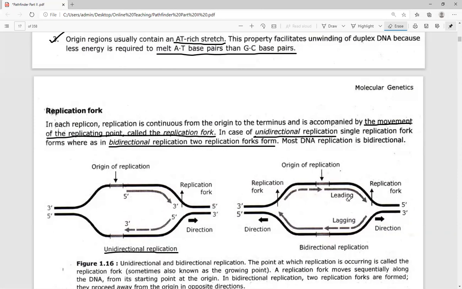Okay, in the opposite direction, when you look here, you can find the opposite strand becomes leading, whereas the other strand becomes lagging. So just on the basis of the visualization frame, the leading and the lagging strands are altered.